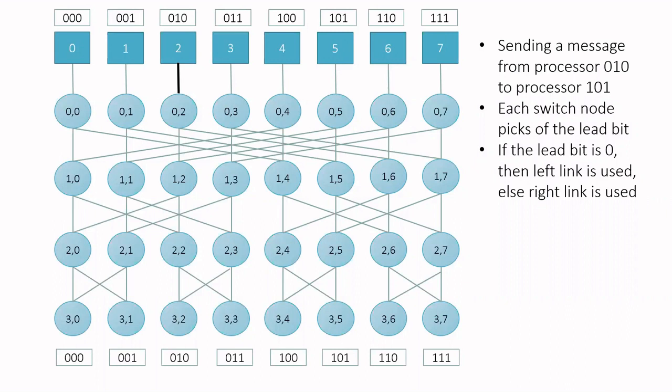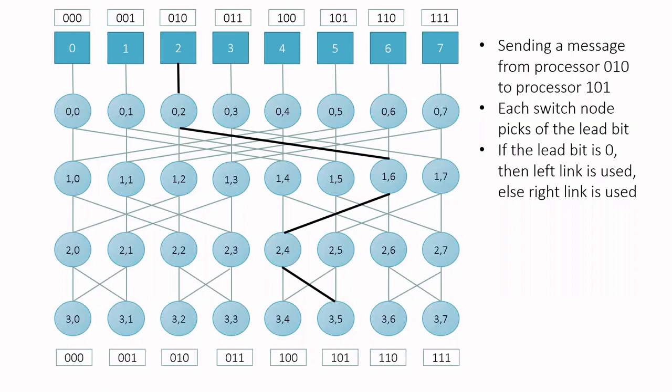So it sends the message to the right link, which connects to 16. 16 takes the next lead bit, which is 0, and sends the message to the left link, which is 24. Finally, 24 takes the next lead bit, which is again a 1, and sends the message to the right link, 35, which is connected to the processor 101.